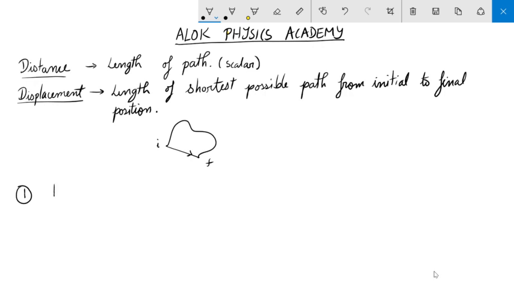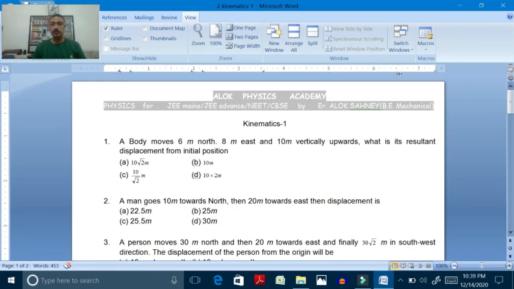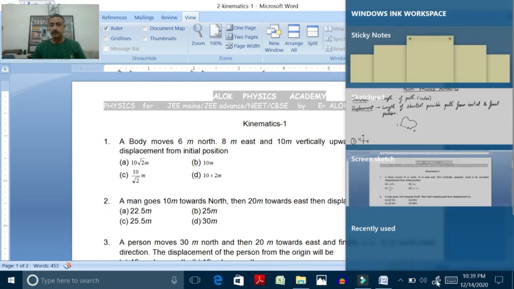So for reference, let us mark the north, south, east, west directions. First of all, we can check the data once again: 6 meters north and 8 meters towards east.